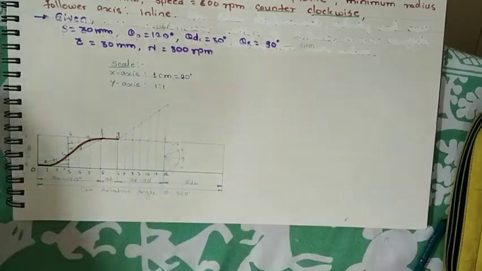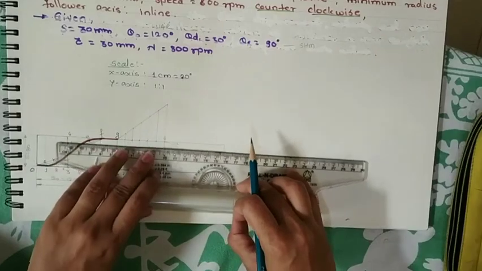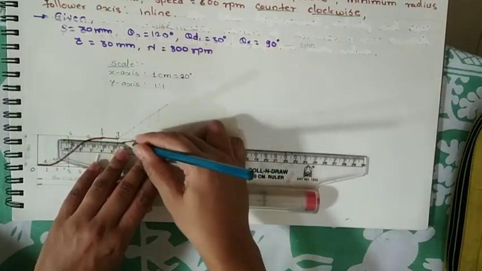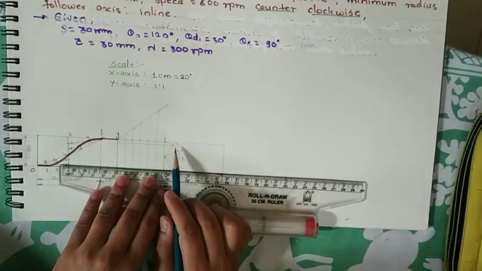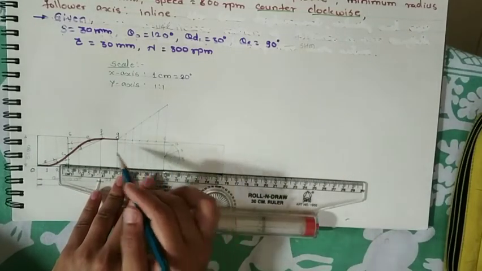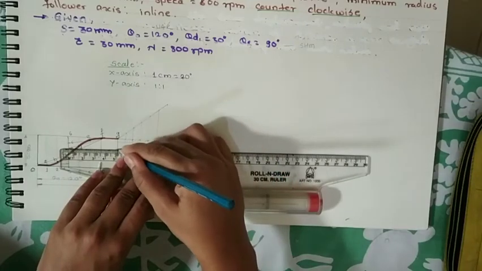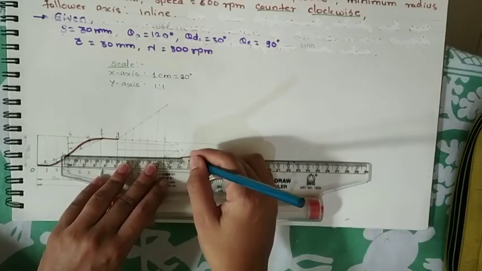Now as we know, for simple harmonic motion we need to draw a horizontal line from our semicircle division through our stroke length.